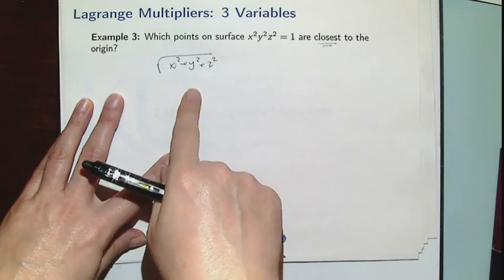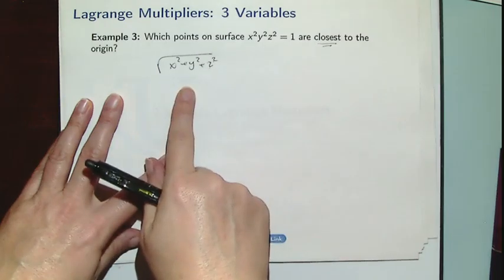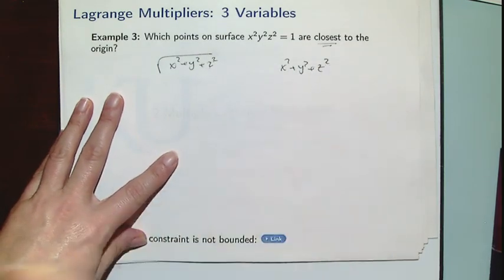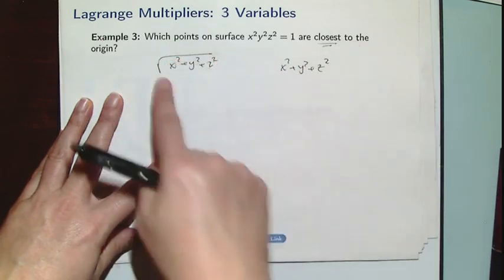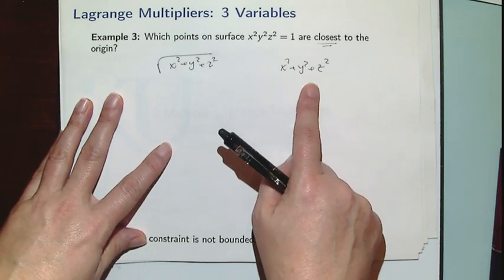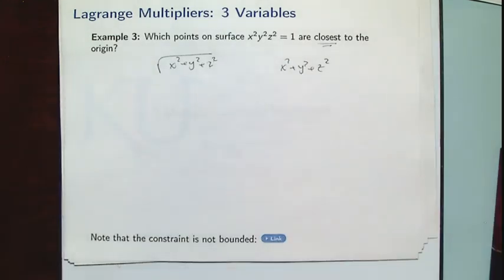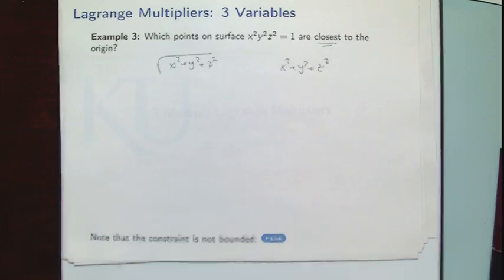Do I like the square root? No. If I optimize this or optimize this, do I get the same values? No, I mean, you get the same points that make this and that optimized, right? Because there is a one-to-one function. The square root is a one-to-one function.